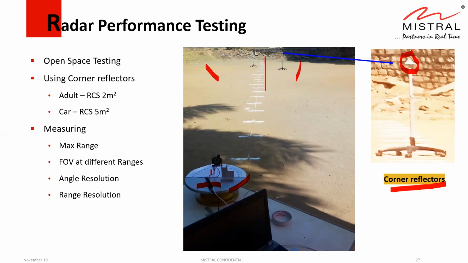When the product is used in a real sense, this is the way you get the reflected pulse and the way the radar is going to perform. With this, you can measure the maximum range and the maximum field of view. You can estimate the angular resolution and also the range resolution. Suppose you have multiple objects, you can resolve them and find out what range resolution you can get.